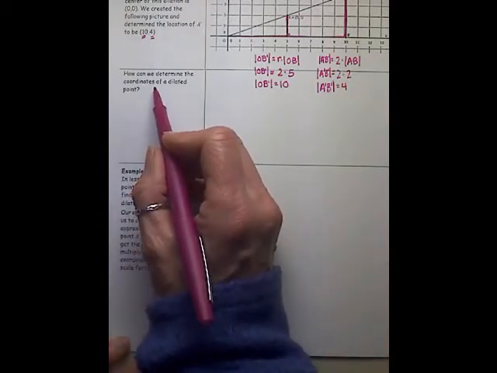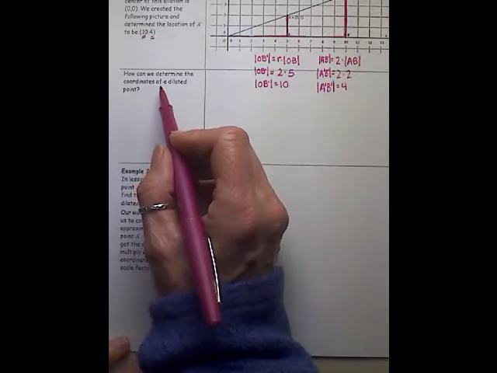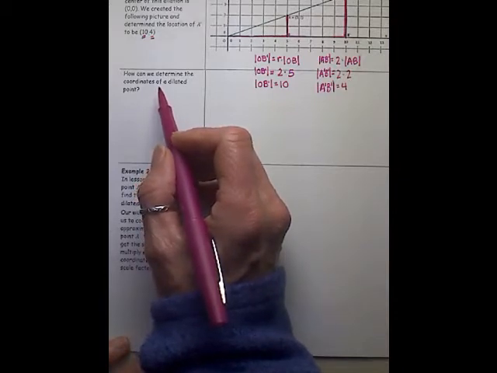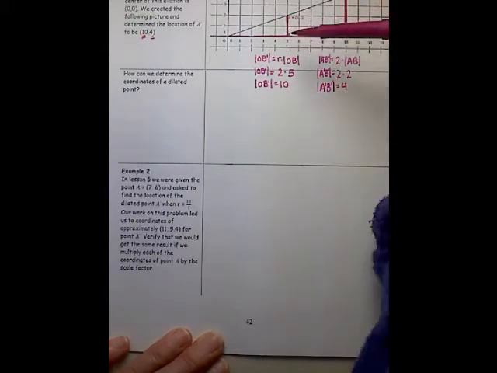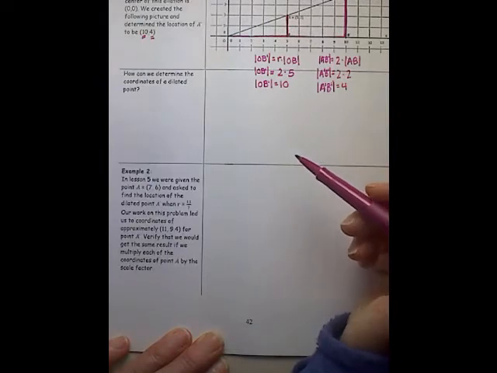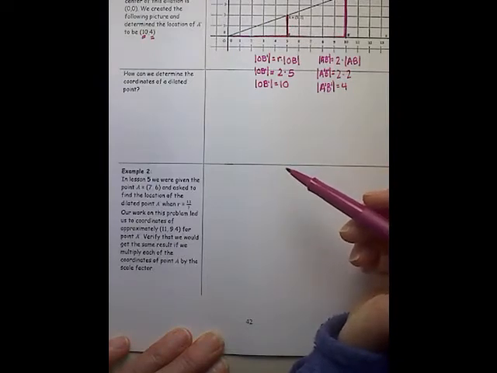How can we determine the coordinates of the dilated point? In other words, is there a shortcut? Well, notice the horizontal distance from the x-axis to point A was multiplied by a scale factor of 2. That's to say that the x-coordinate is multiplied by the scale factor of 2.